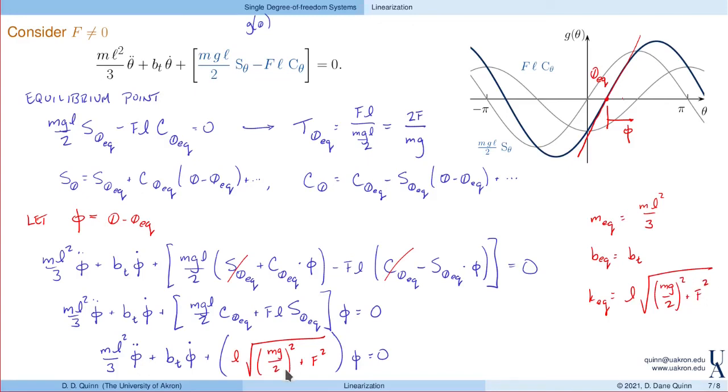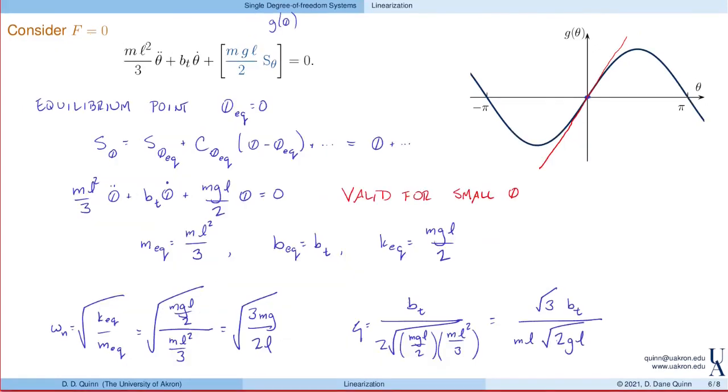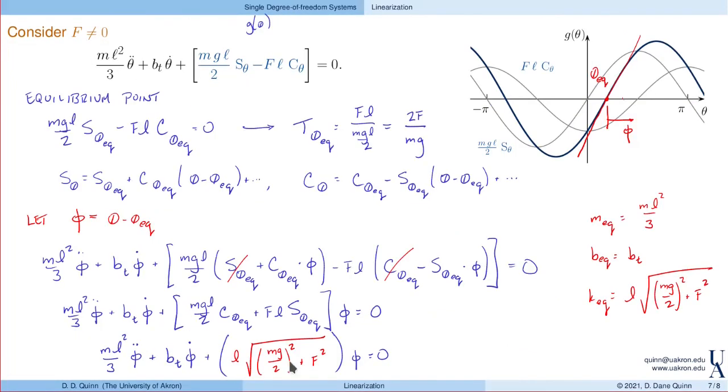Notice that if f was equal to 0, then this just becomes mgl over 2, which is what we found in the previous case. But now, the addition of this force at the end of the bar actually changes the effective stiffness of the system. And it does so through this shift in the equilibrium points.